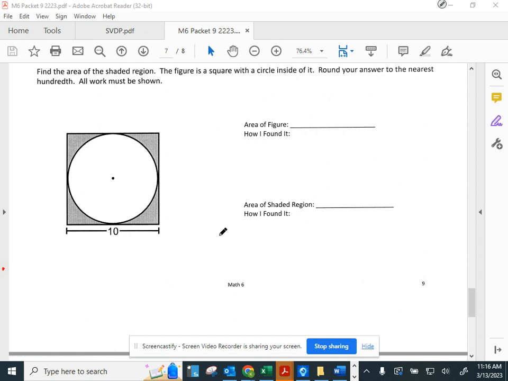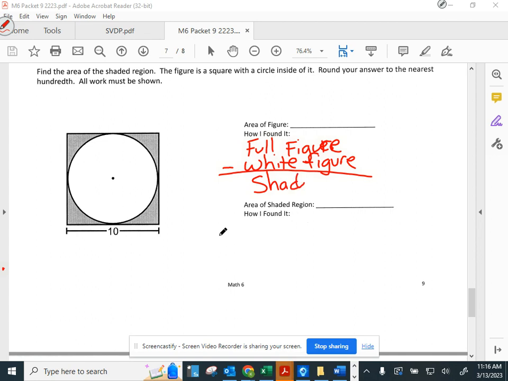So full figure minus the white figure, and that's going to equal the shaded. So find the area of the full, subtract out the area of the white, and you're left with your shaded.